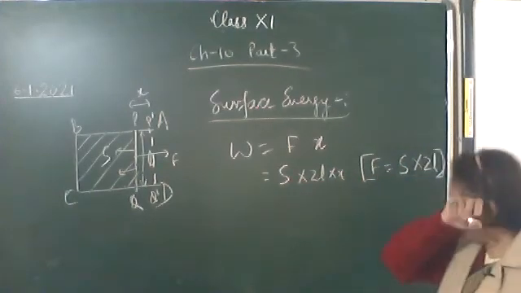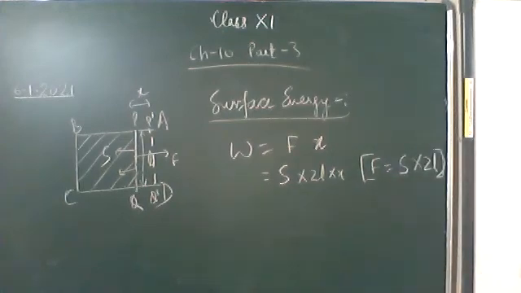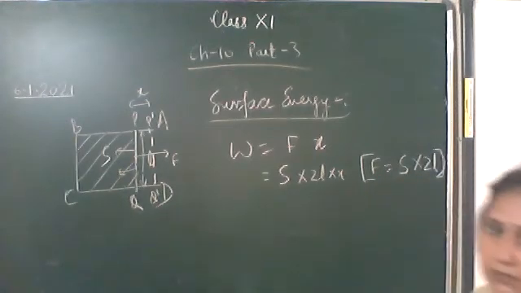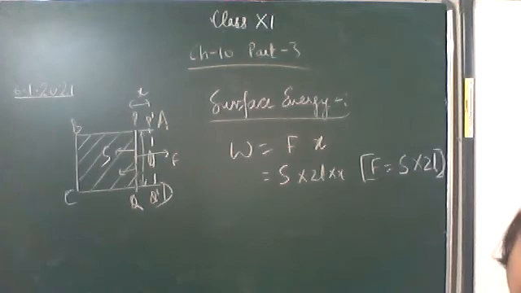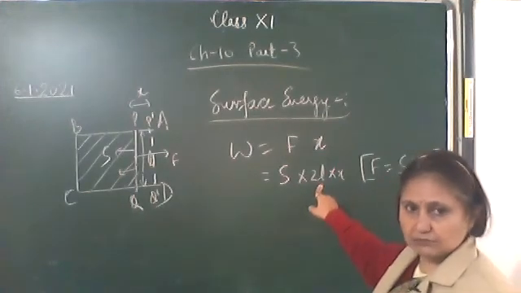So this force is equal to surface tension into 2L. So here you will write down: work done is F into x, force is surface tension into 2L, put it over here. Write down, as there are two free surfaces, so 2L is taken.